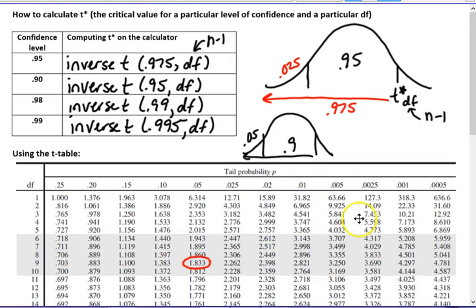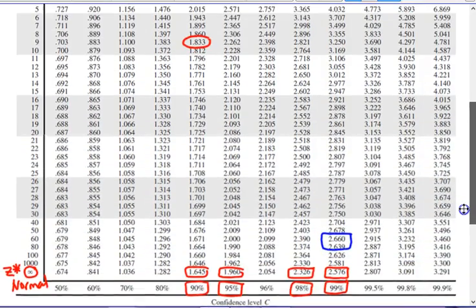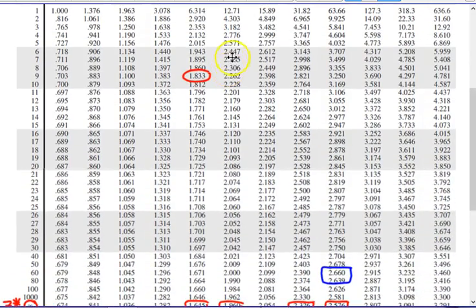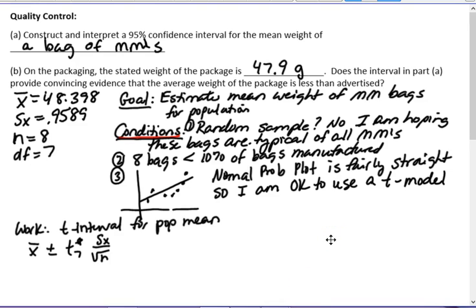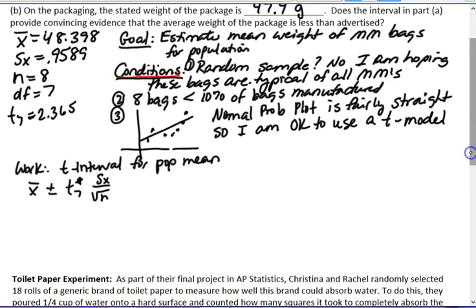Okay, so I'm going to go back to my chart, go to 95% confidence, which is this row right here, go up to 7 degrees of freedom, 2.365.